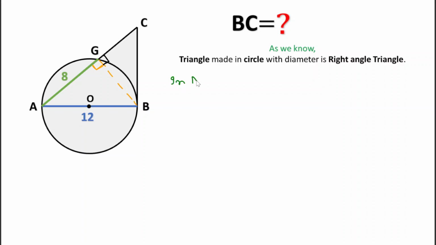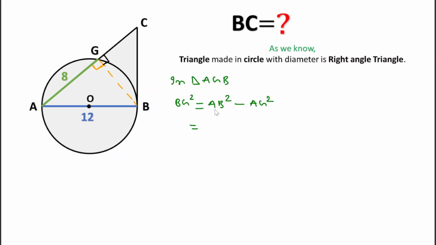So we can write here, in triangle AGB, using Pythagoras theorem, BG square equals AB square, AB is the hypotenuse here, minus AG square.